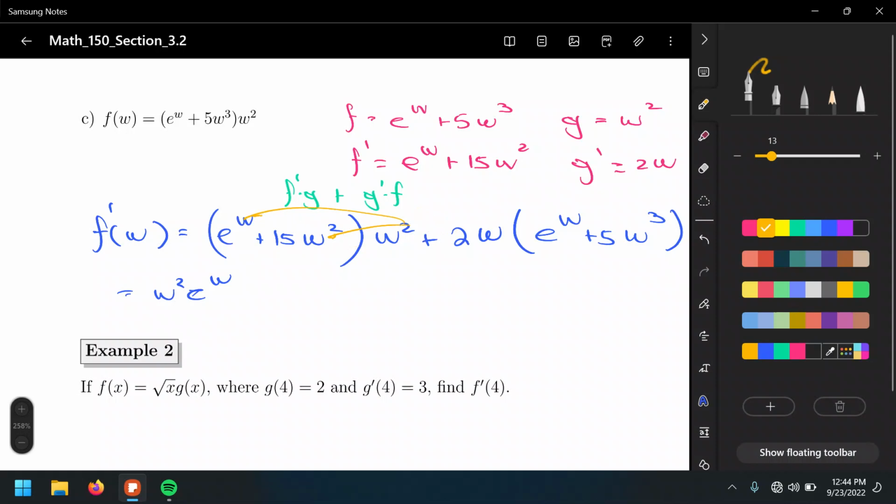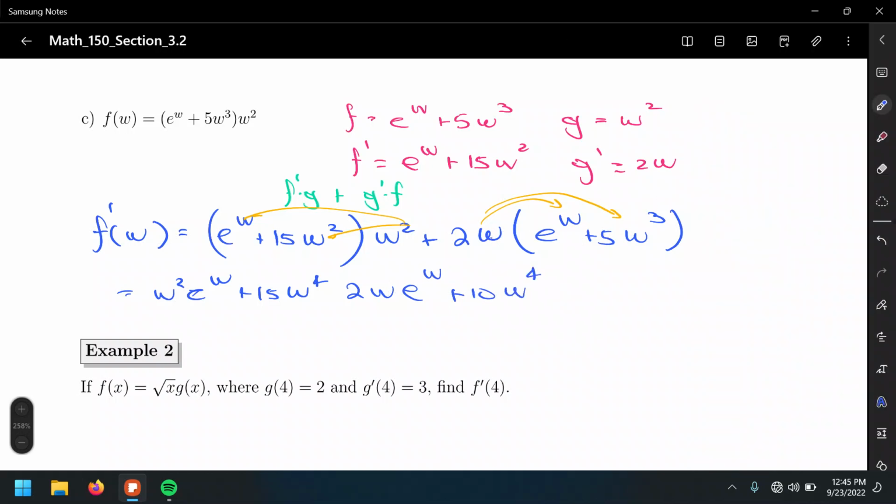And then when we distribute those, this is 15 w to the fourth, and 2w e to the w, 2w times 5w cubed, and this will become 2w e to the w, and 2 times 5, that's a 10, w times w cubed, which is w to the fourth power. Can we simplify this further?